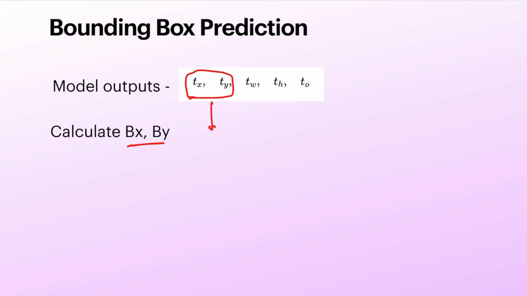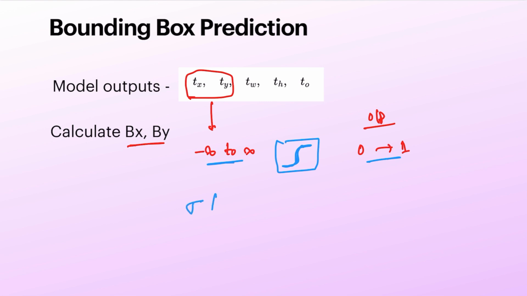So the input is actually -infinity to +infinity, but I need the output as 0 to 1. So what should I use here? If I use a sigmoid function, it will transform this into 0 to 1, right? So that is what we will do. So this is sigma of tx and sigma of ty.